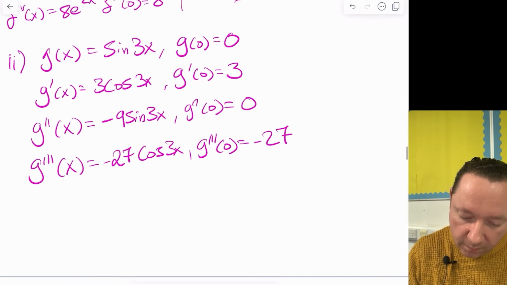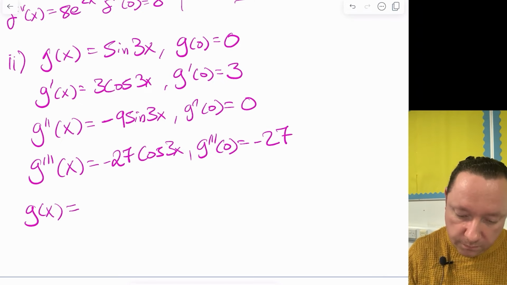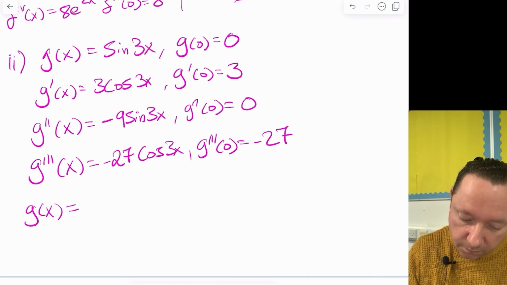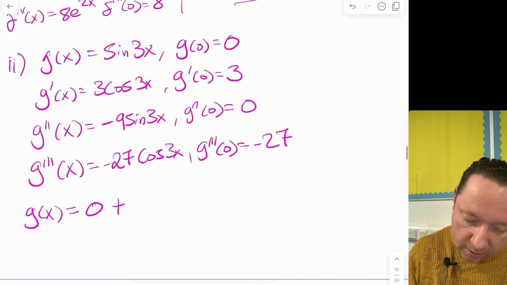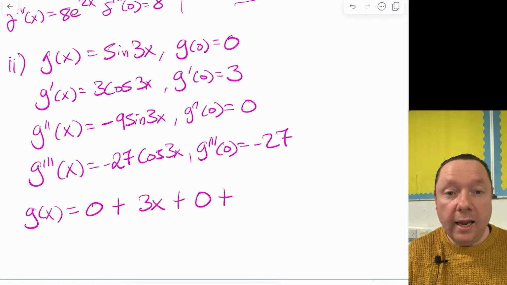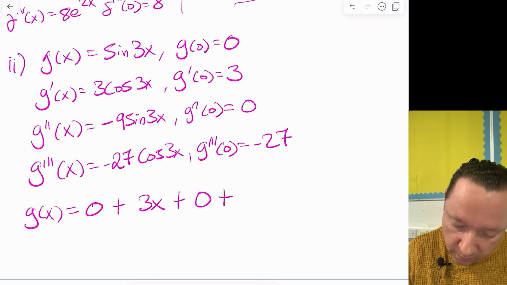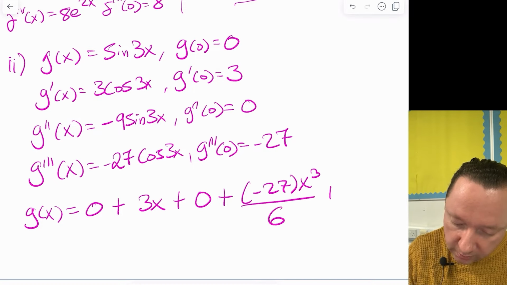So now we can sub in. We can say that g of x equals g of 0, which is 0, plus, remember it's up here, g dash 0 x, so that's 3x, plus 0 x squared, and then the x cubed term: minus 27x cubed over 3 factorial, which is 6.